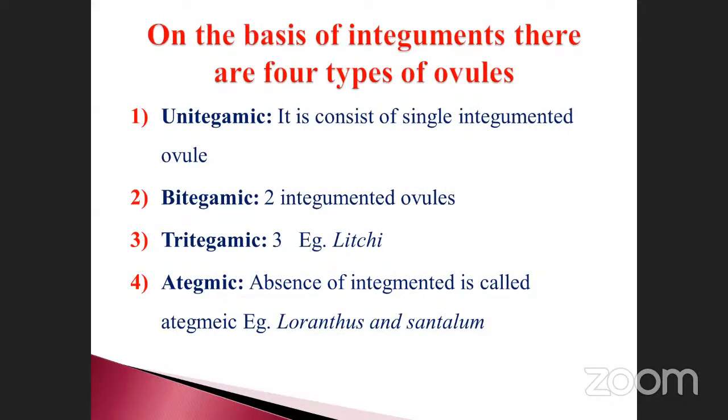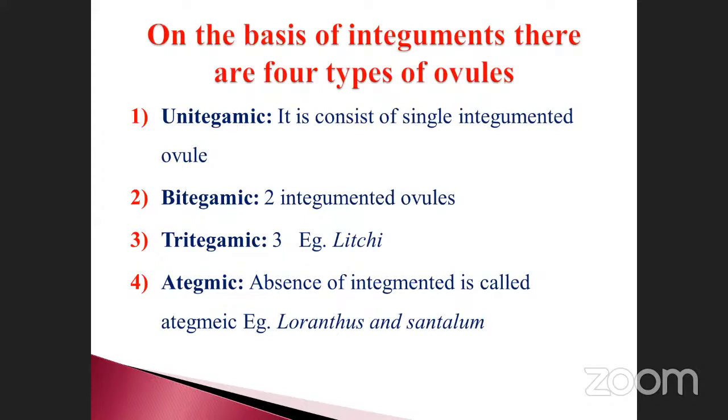On the basis of the integument, there are four types of ovules. Integuments are like a layer, the inner part. It is also modified in the form of the fruit wall: the outermost layer becomes the outer fruit wall, and the inner layer is called the inner fruit wall.